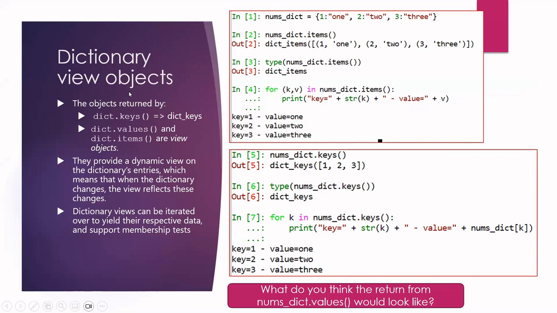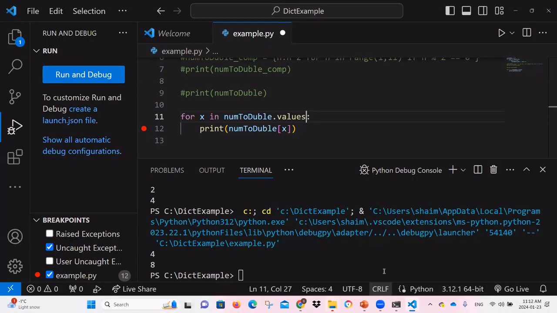By default, the view object that we have access to, even if we don't type it, is the keys view object. And how do we access it? By calling a function called keys, if you want to literally access it. So if I use keys, it should give me the same result here.